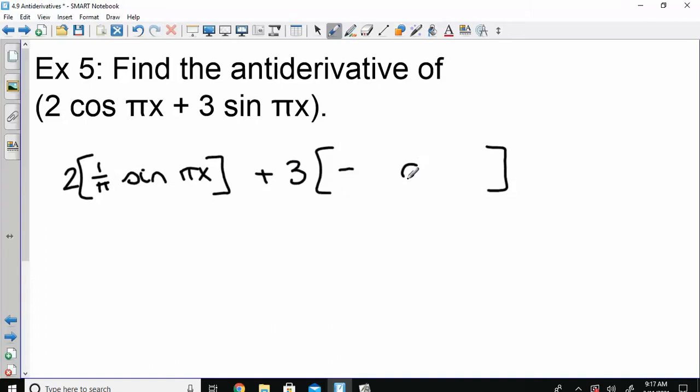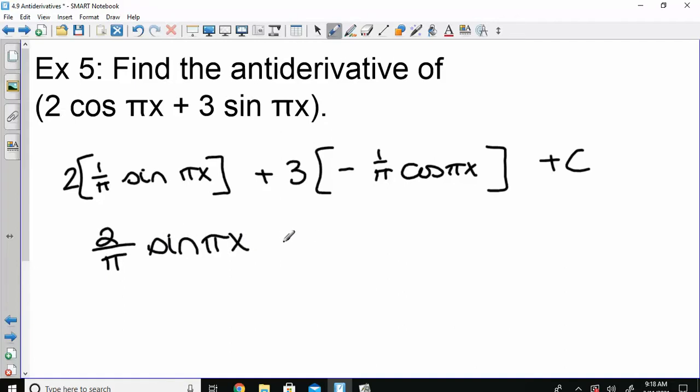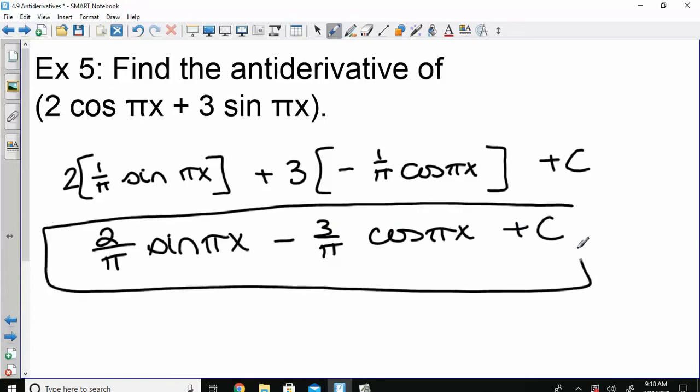Antiderivative of sine is negative cosine. The pi x stays, but you need a 1/pi. So you should get 2/pi sine of pi x minus 3/pi cosine of pi x plus c.